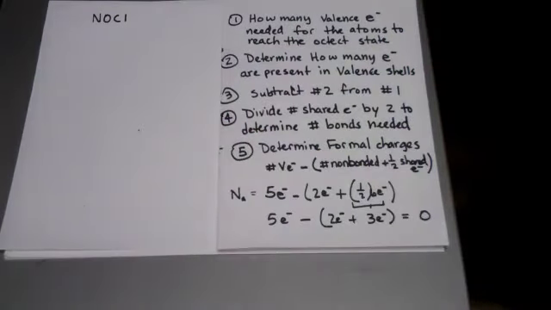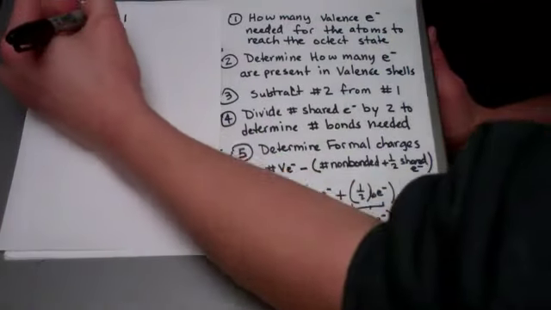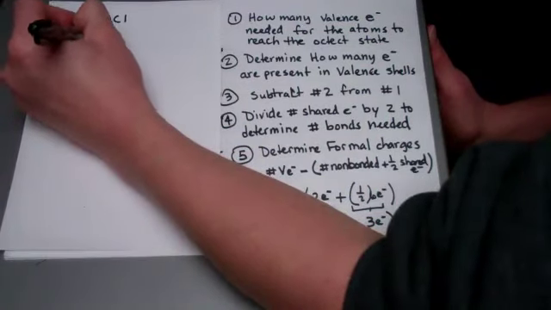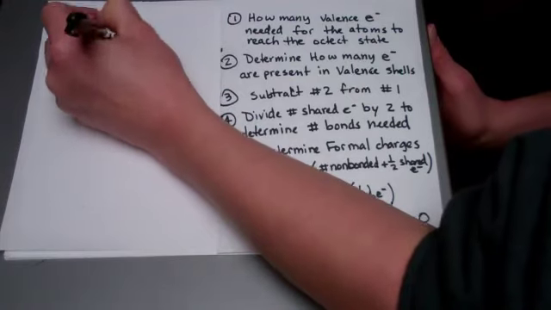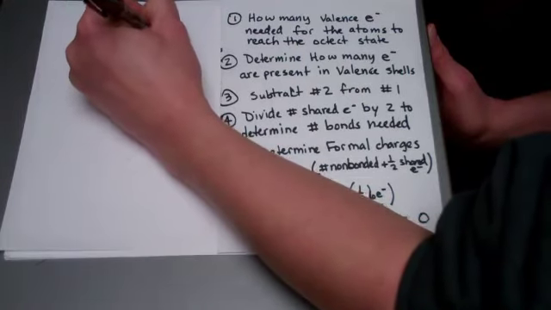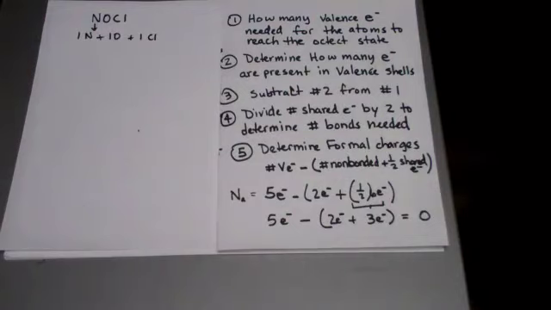NOCl. So NOCl, we know we've got 1 atom of nitrogen. We've got 1 atom of oxygen, and we've got 1 atom of chlorine that's involved in this molecule.